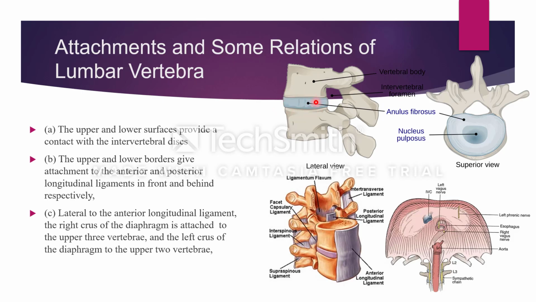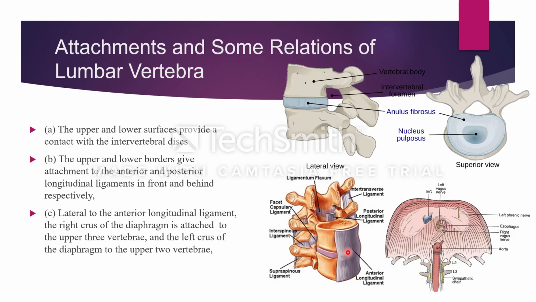Then the upper and the lower borders give attachment to the anterior longitudinal ligament and the posterior longitudinal ligament, in front and behind respectively. The anterior longitudinal ligament is present anteriorly and the posterior longitudinal ligament is present posteriorly.